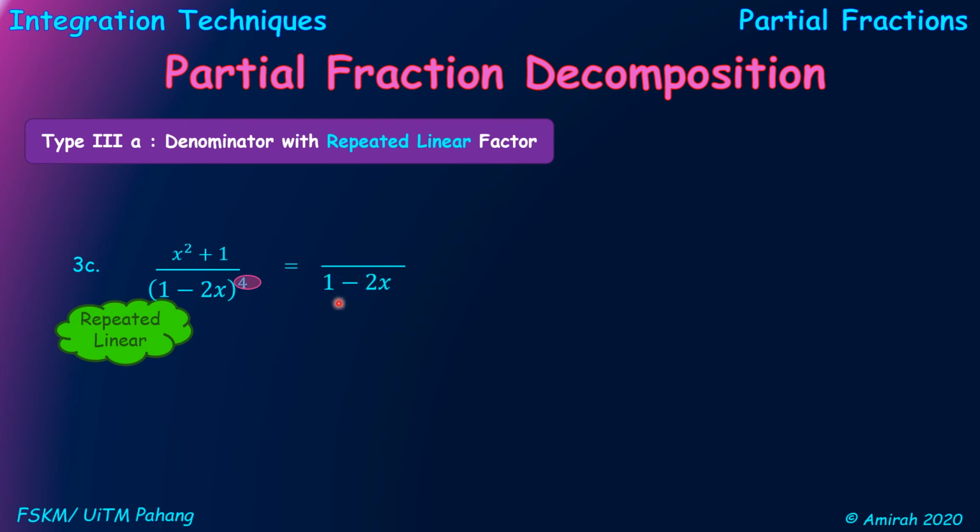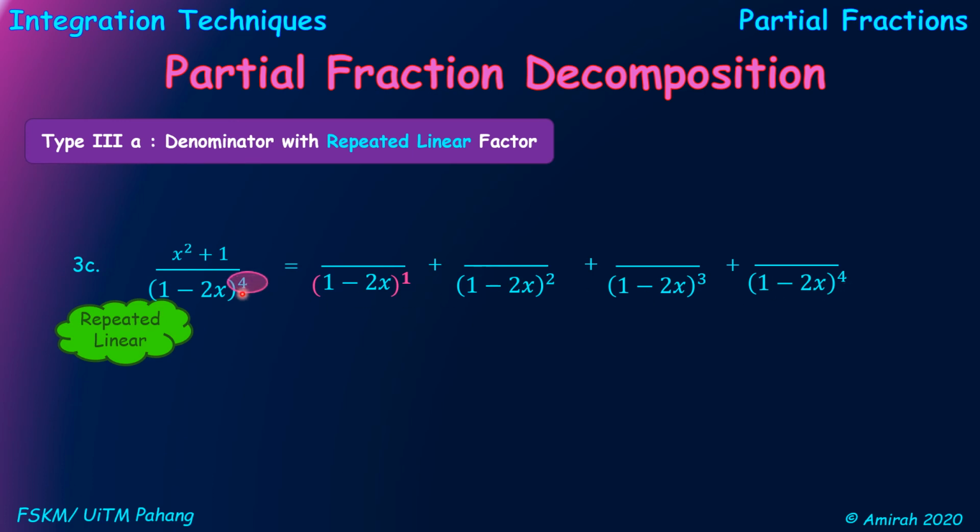The first denominator should be (1 minus 2x) bracket to the power of 1, plus the second denominator should be (1 minus 2x) bracket to the power of 2, and then plus the third denominator should be (1 minus 2x) to the power of 3, and the last one should be (1 minus 2x) bracket to the power of 4 in the denominator, right?